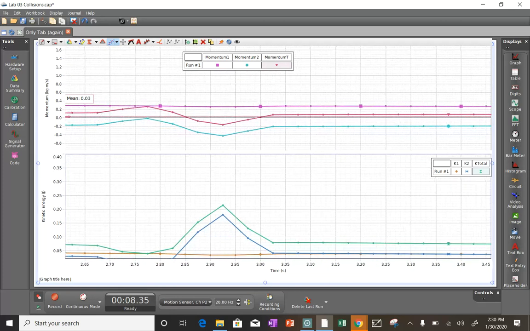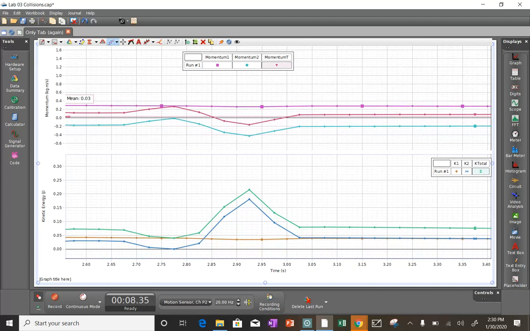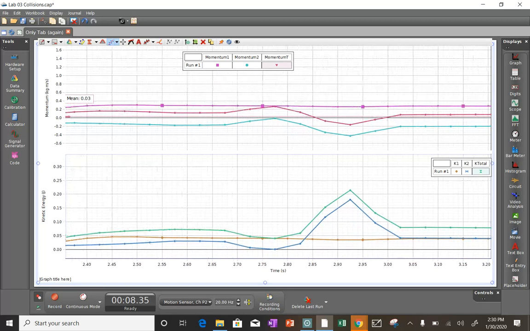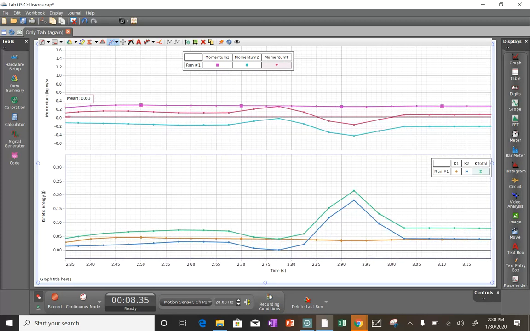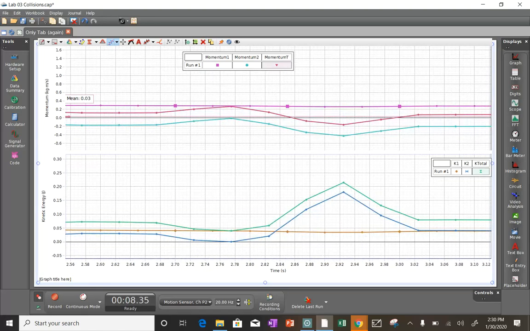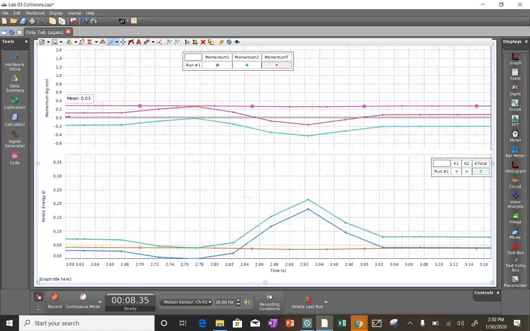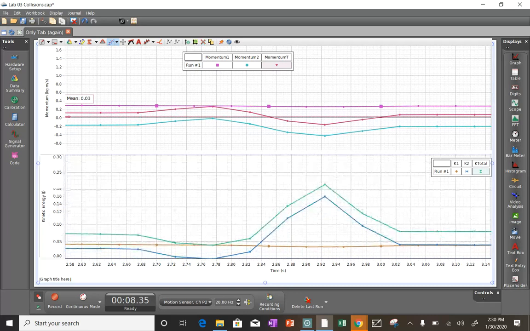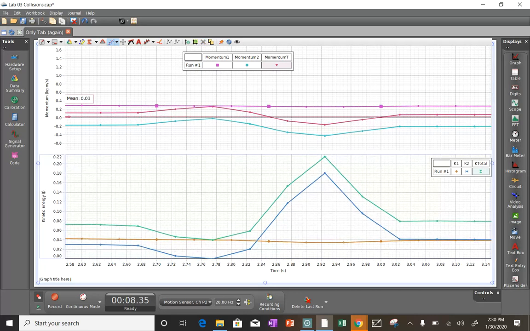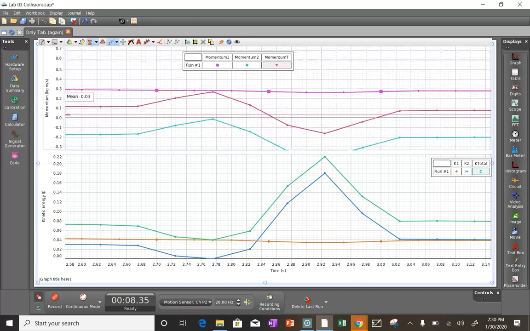I want about 3 data points before anything started changing and about 3 data points after things were changing. So that's about right. I don't know what happened there. That is not that well. It's probably because they didn't stick quite right because Nathan and I did a bad job.